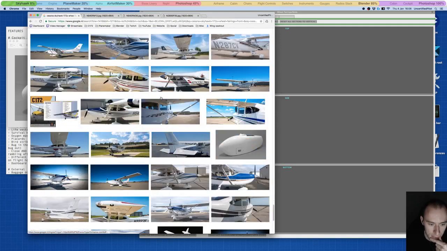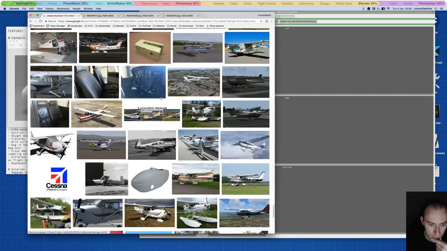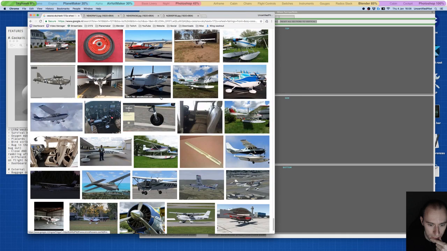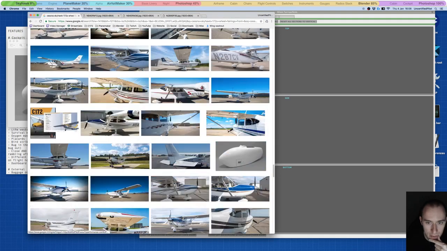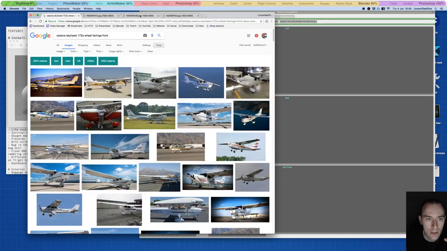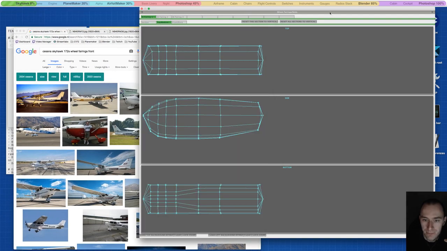Earlier I had that picture where someone sold or was about to sell those wheel fairings. It's some nice front views, but okay, let's just try.